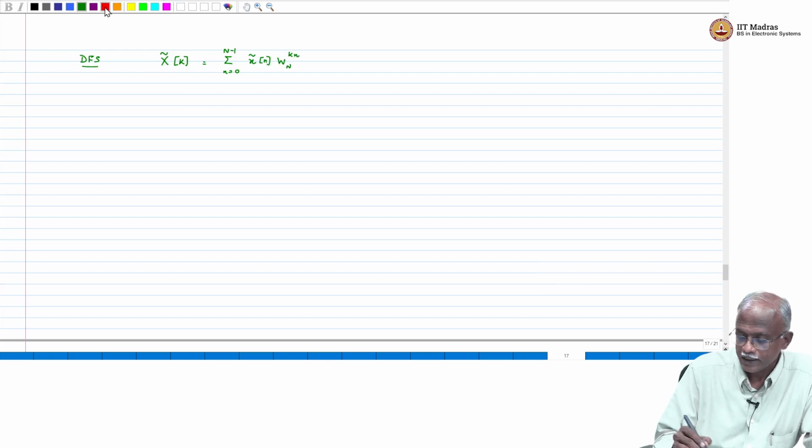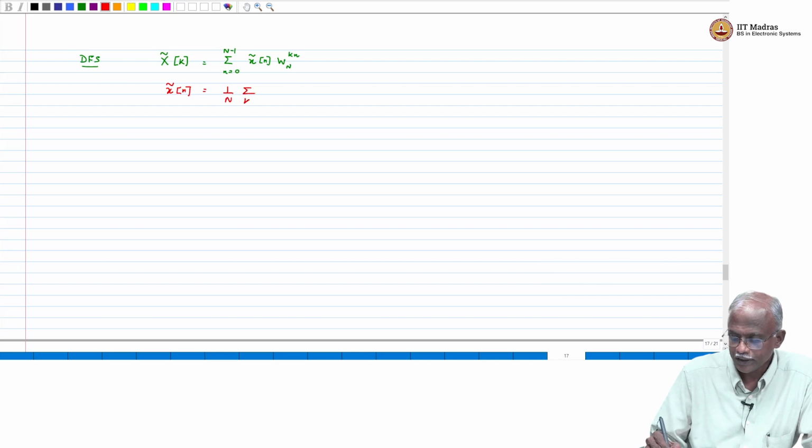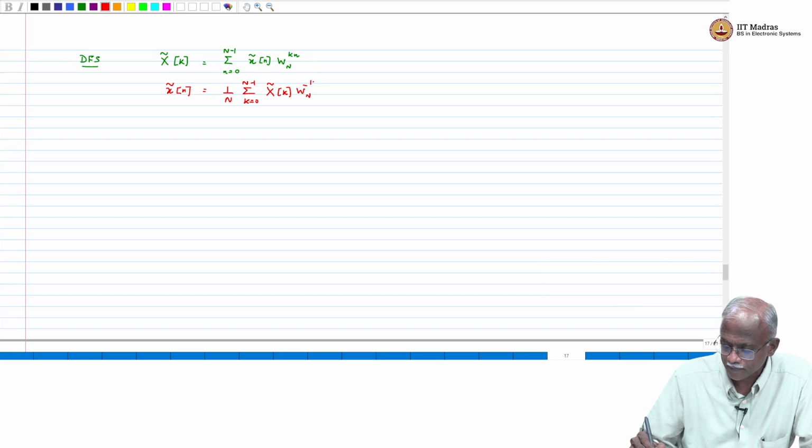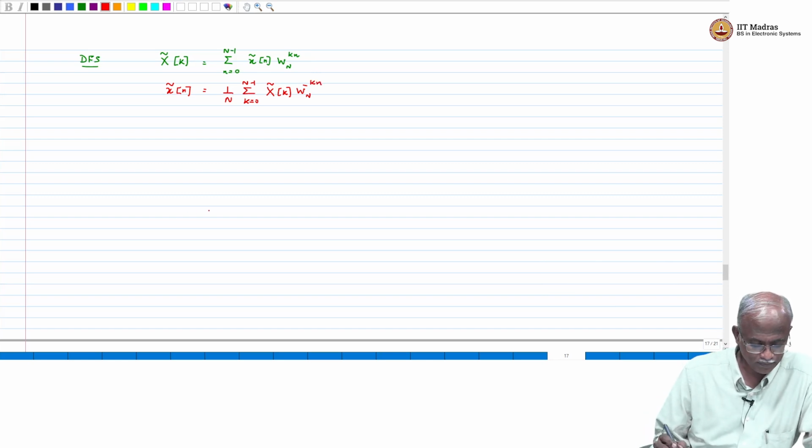And the synthesis equation, x tilde of n, is given by 1 over N times the summation k equal to 0 through N minus 1 of x tilde of k W_N^{-kn}. So this is the DFS relationship.